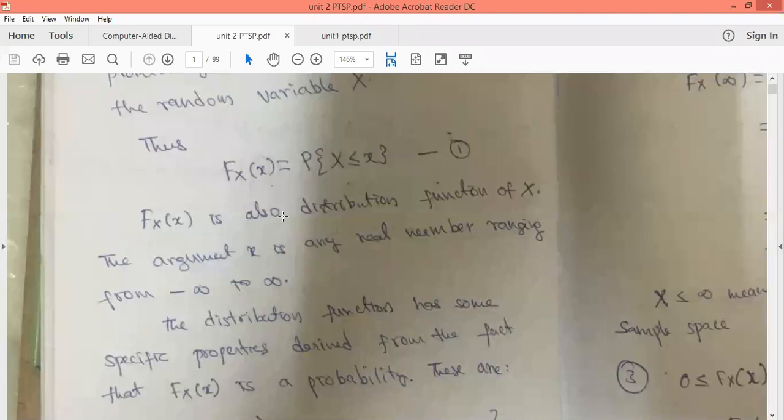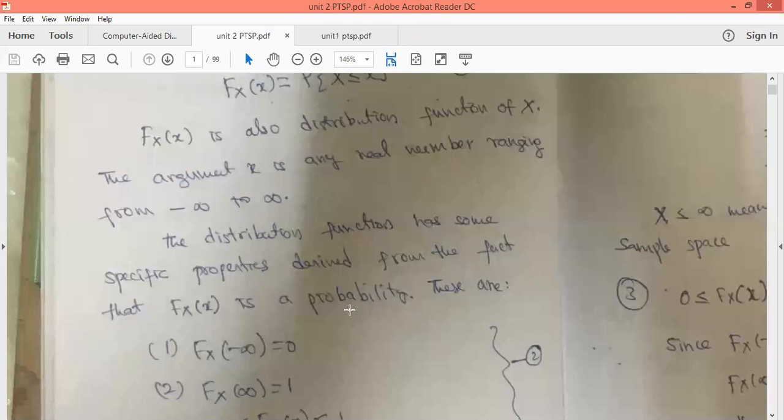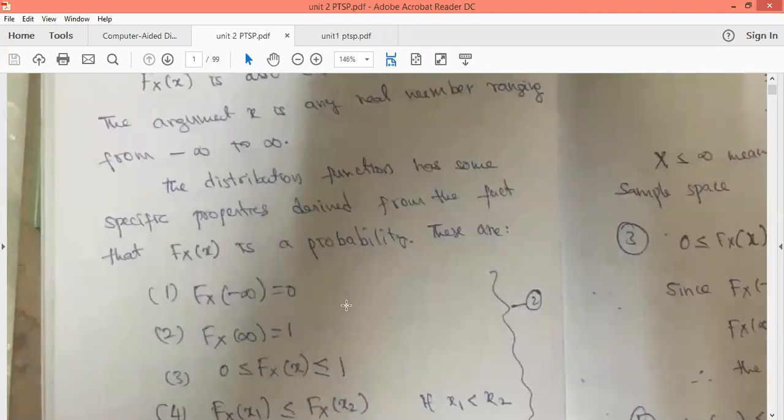So F_X(x) is a distribution function of X, and the x value will range from minus infinity to plus infinity. The probability distribution function has some properties. The properties are: F_X(minus infinity) is equal to 0, F_X(infinity) is equal to 1, and F_X(x) has a value between 0 and 1.